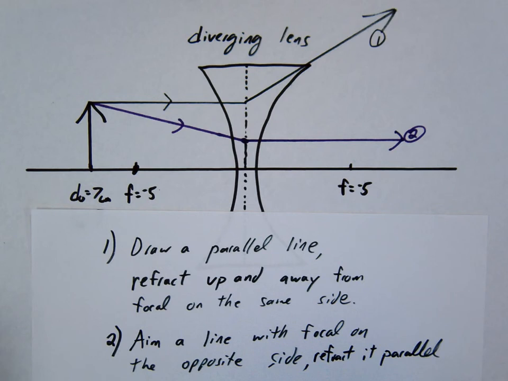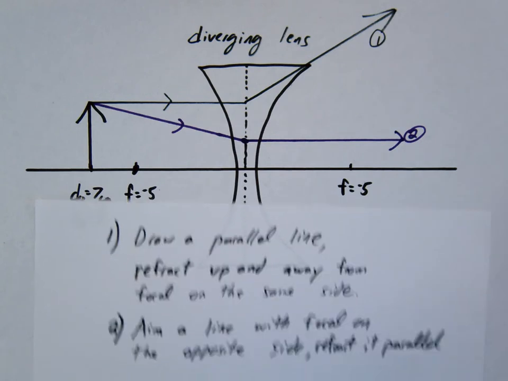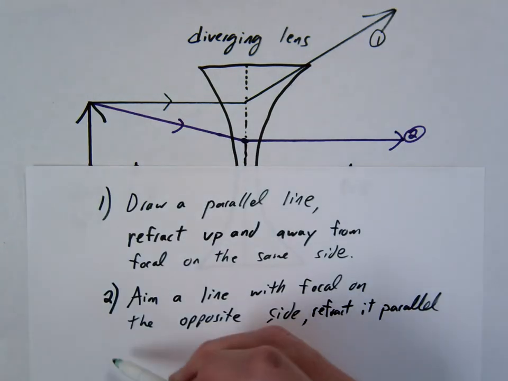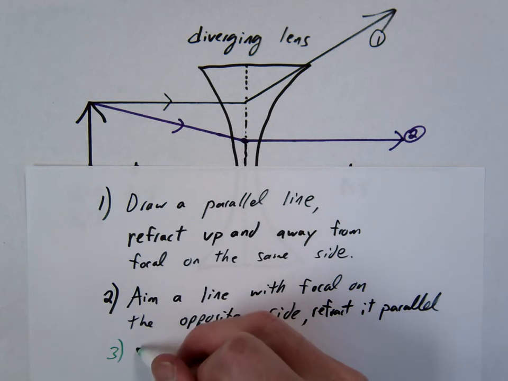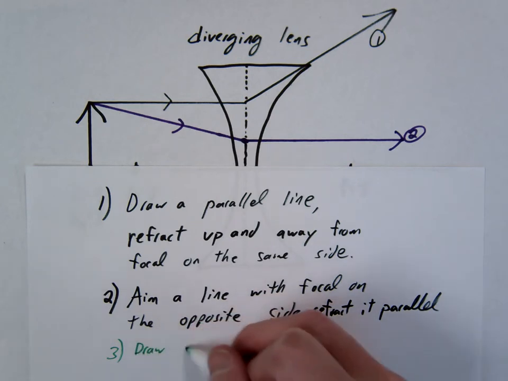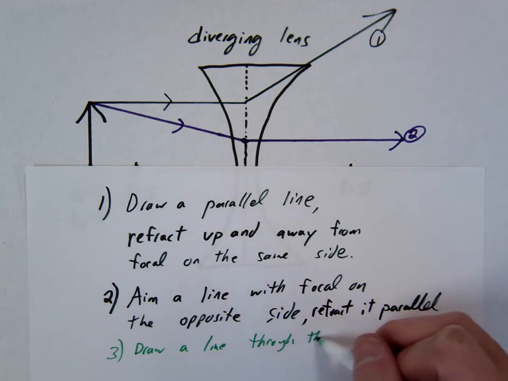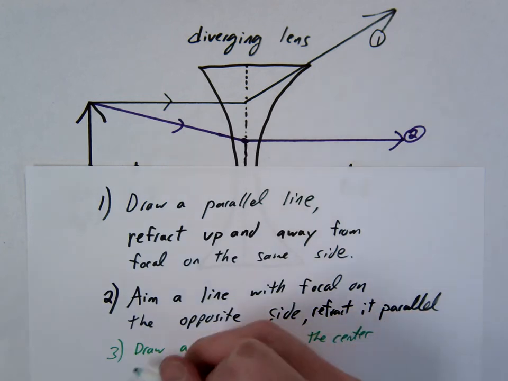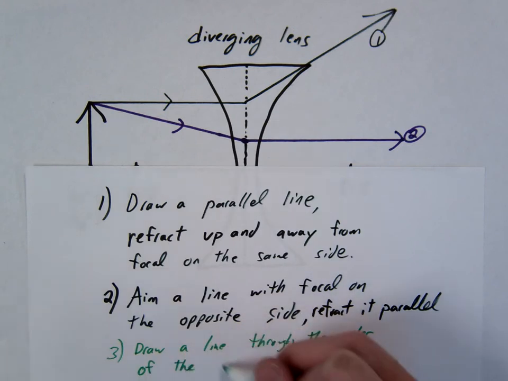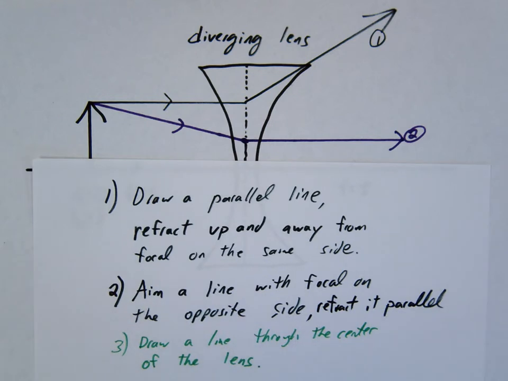Here we go. Alright, now beam 3 is the same. So no differences for beam 3. What's beam 3? Straight through the center. So no changes. Your line's just going to go all the way through the center, just like it did with the last one. So that's the easiest one of them all.